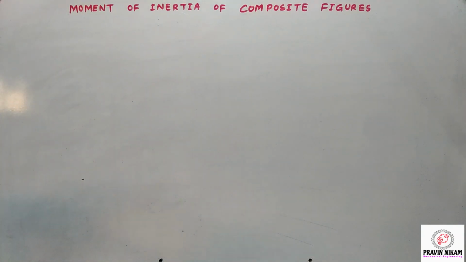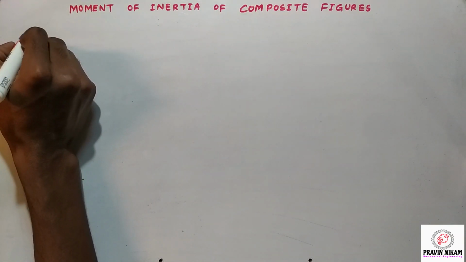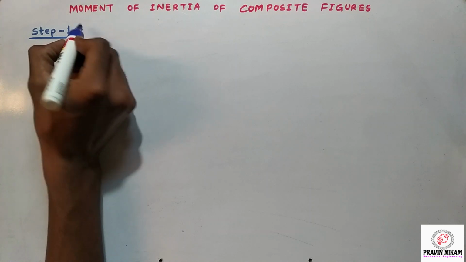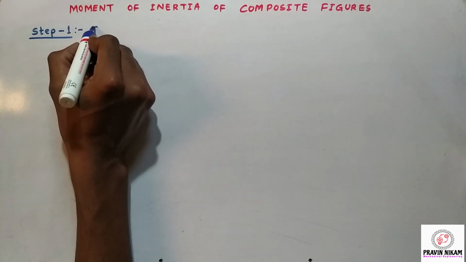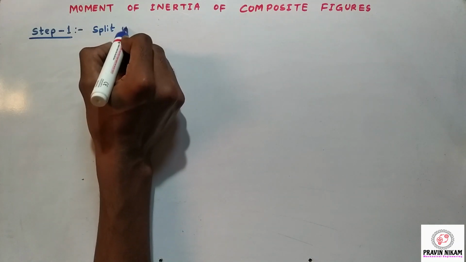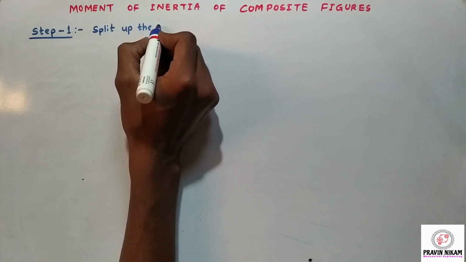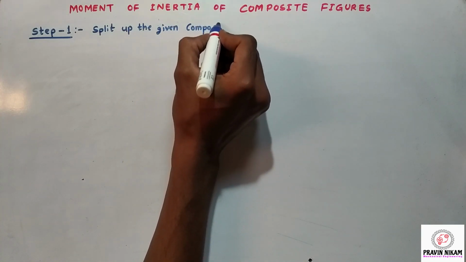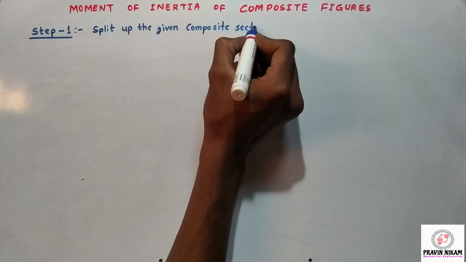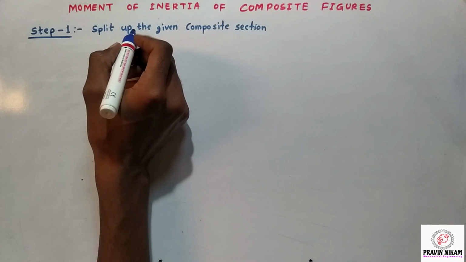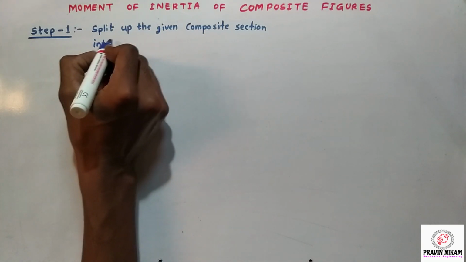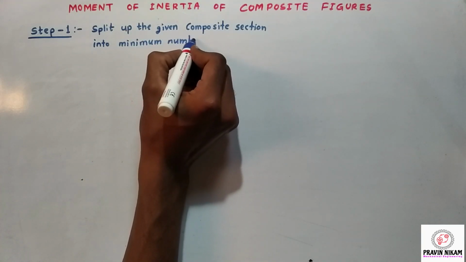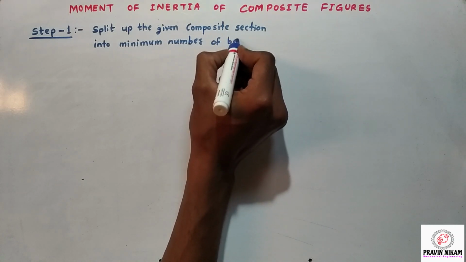So the first step in solving problems on moment of inertia of composite figures is step 1: split up the given composite section into a minimum number of basic sections.